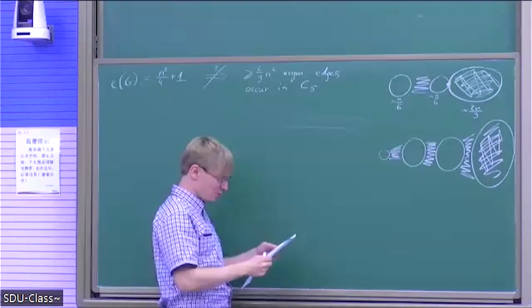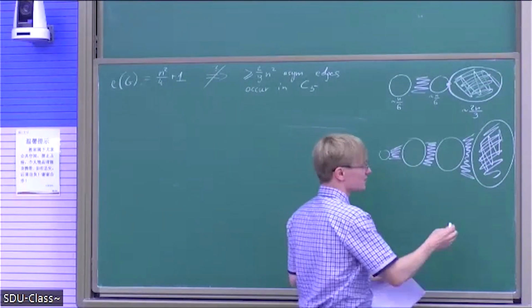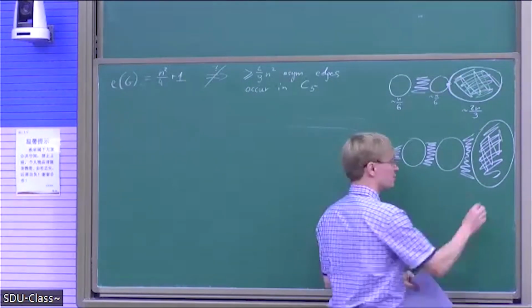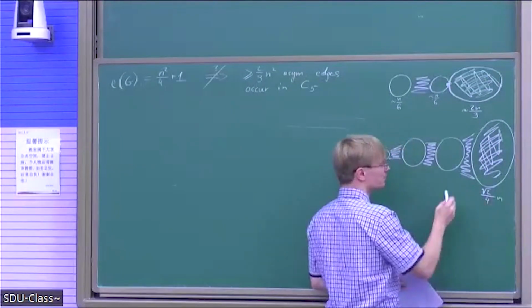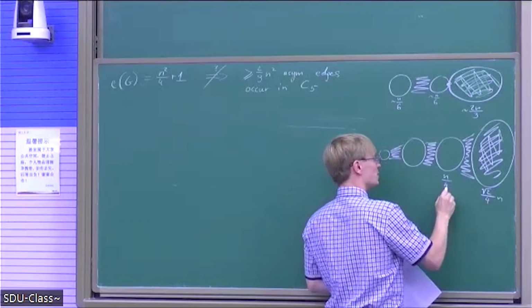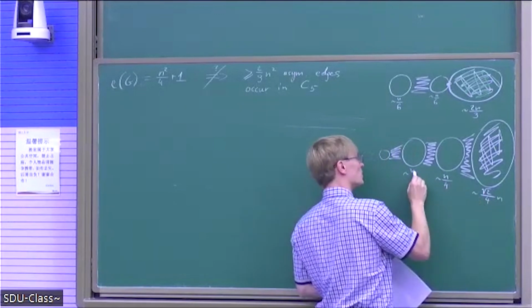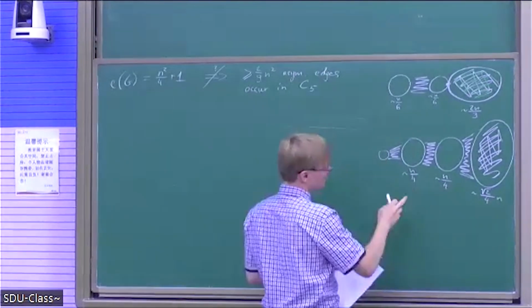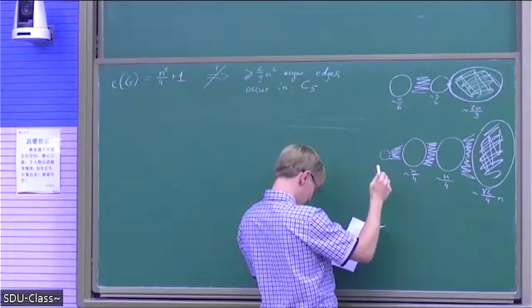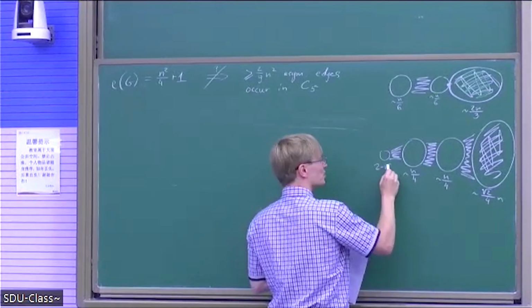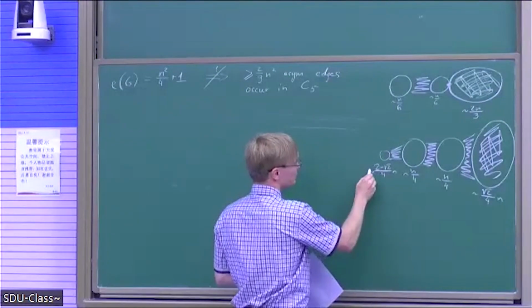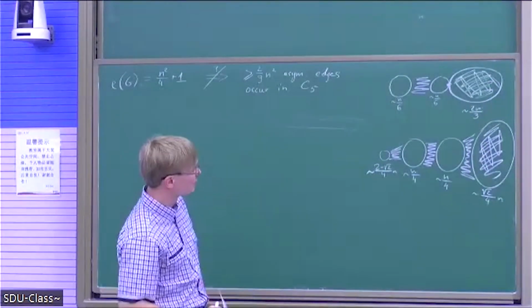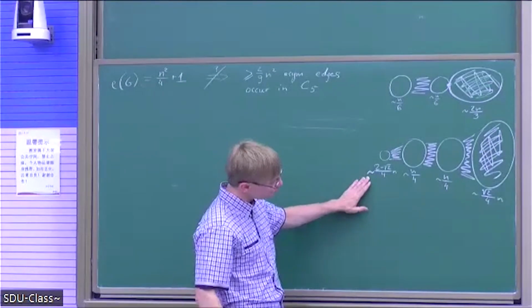If I fix the sizes of those sets, roughly √2/4, around n/4, n/4, and here I need 2 minus √2, roughly. It sums up to 1.